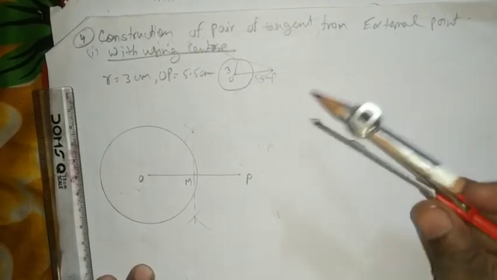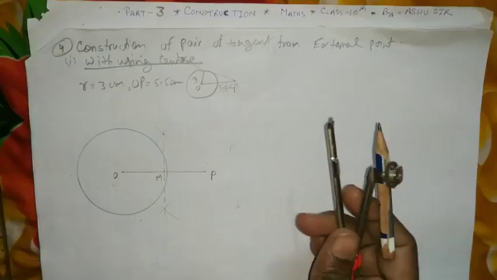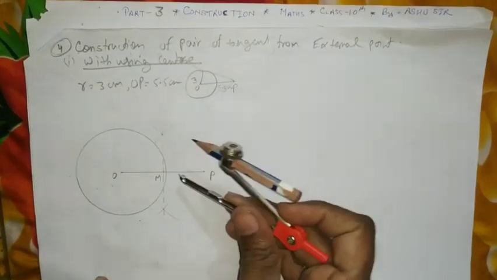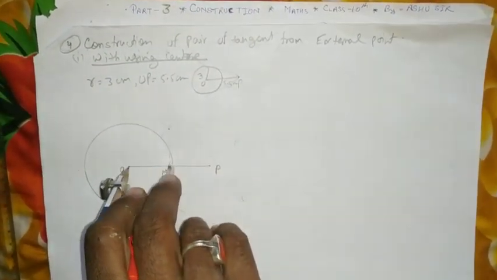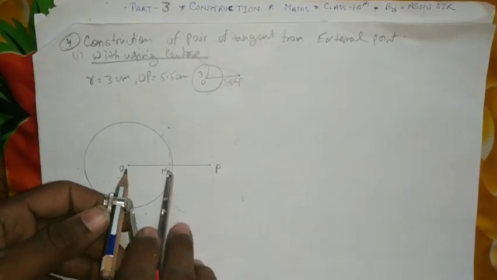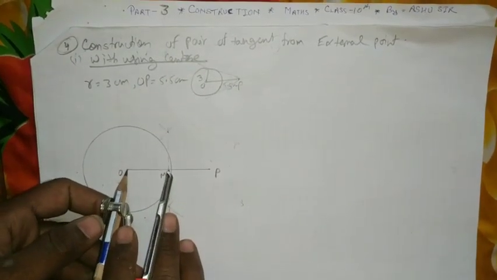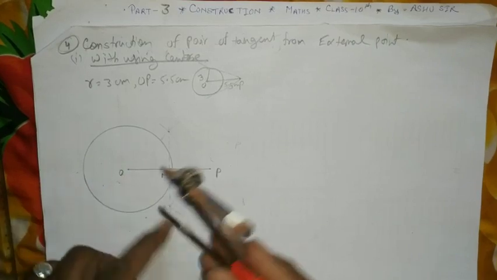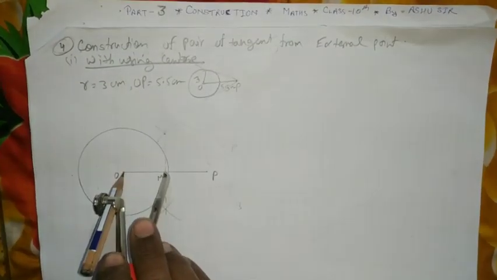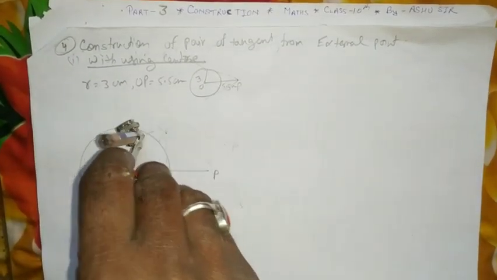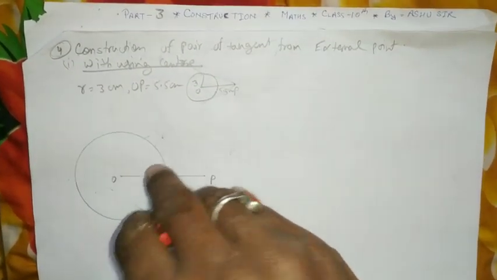Then M is the midpoint of OP, and then take M as a center and MO as a radius. And we want only 2 points on the circle of this radius. So first cut here, second cut here.